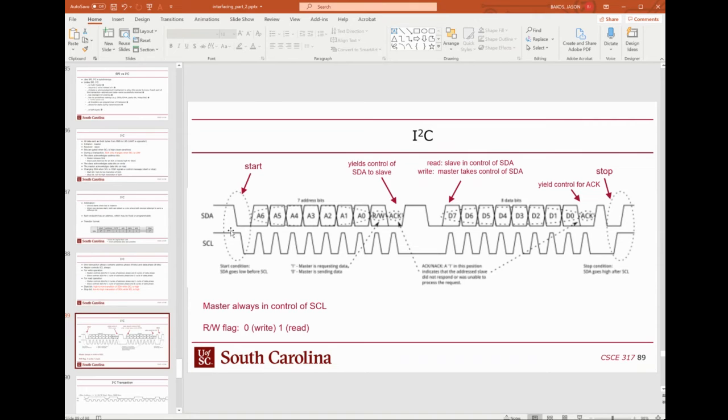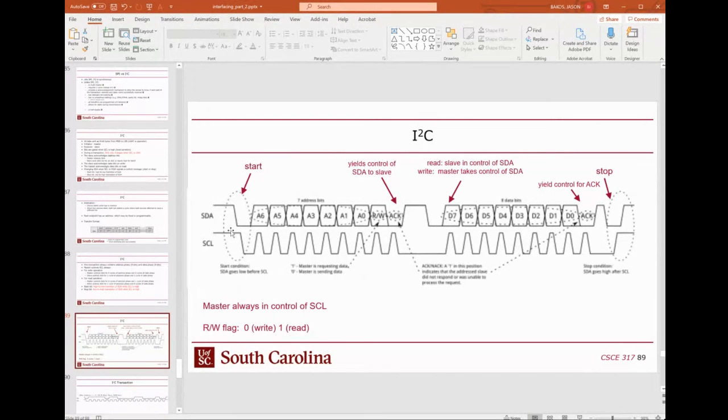Once you pull the clock down, that's the time when the data bits would transition. So as a result, this is not an edge-based signal. This is a level-based signal where you're looking at the level of the clock. When the clock is 1, you're reading the value of SDA.